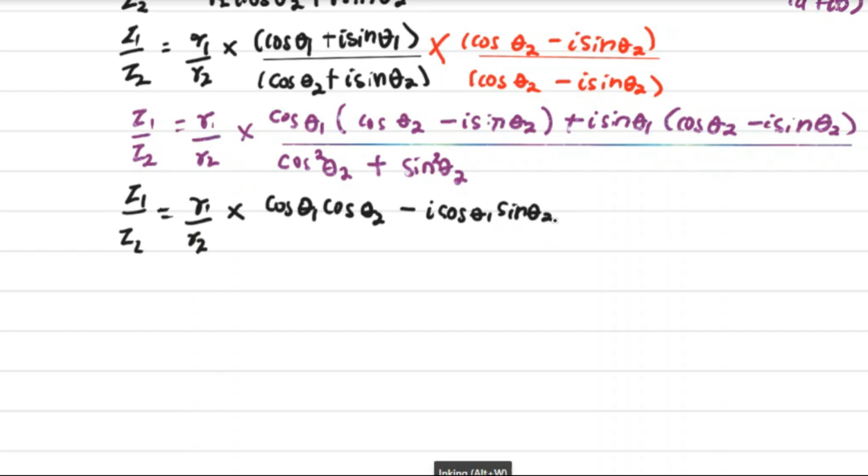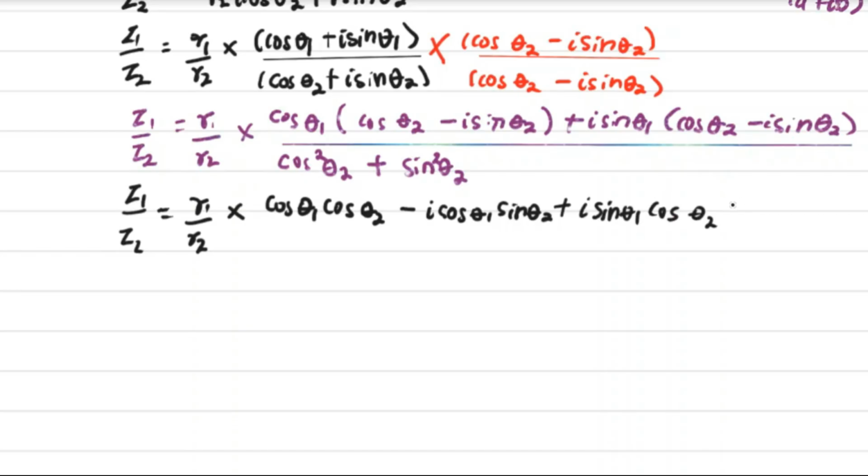So after we have multiplied cos theta 1 and minus i sine theta 2, that gave us minus i cos theta 1 sine theta 2, plus, now i sine theta 1 times cos theta 2 will give us i sine theta 1 cos theta 2.